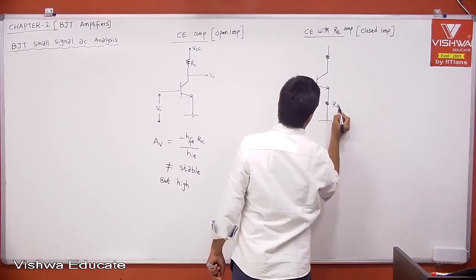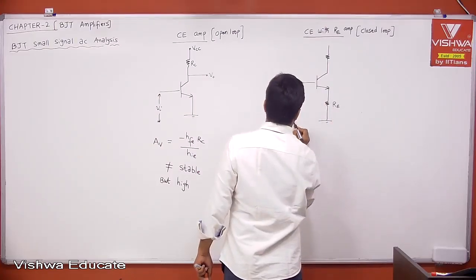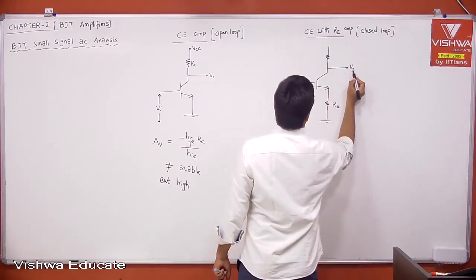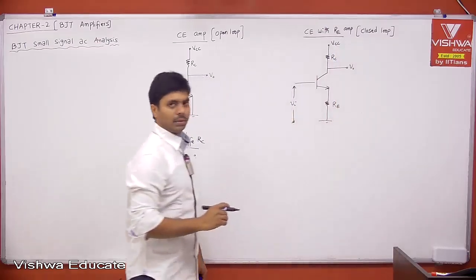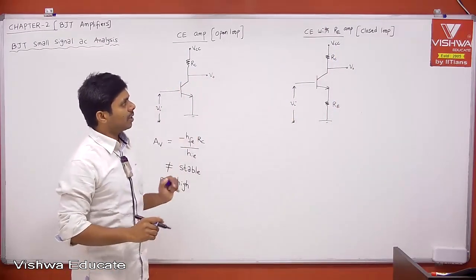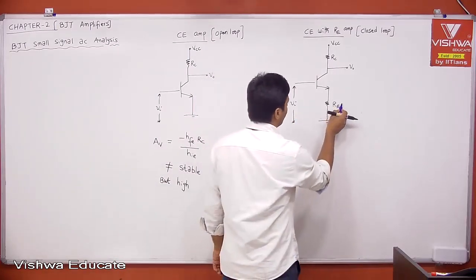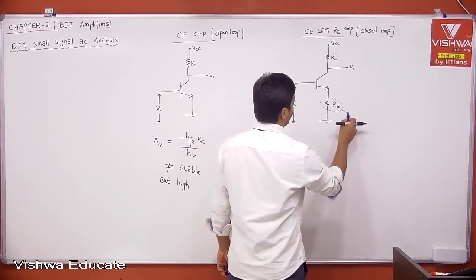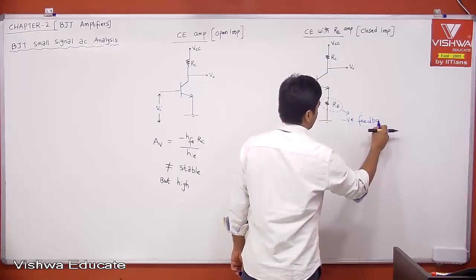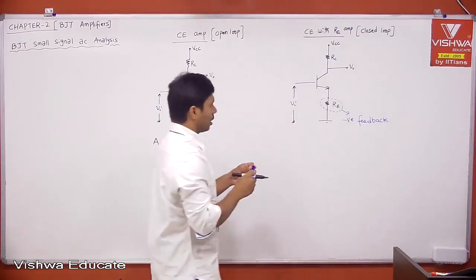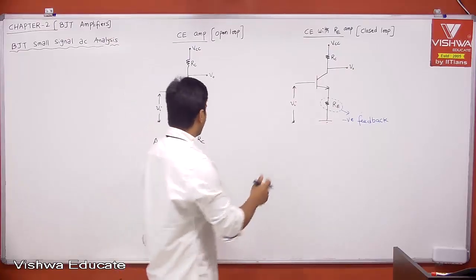This is RE, this is the input VI, and output V0, RC, VCC. The difference between the CE amplifier and the CE with RE amplifier is the RE, and this is what is providing negative feedback. Therefore, if you provide negative feedback, the gain will be stabilized. That is what we had seen.